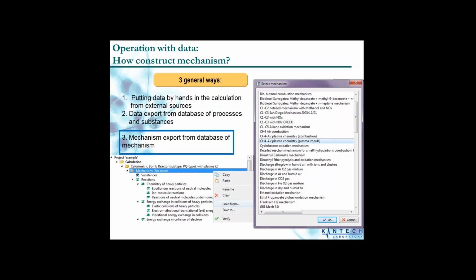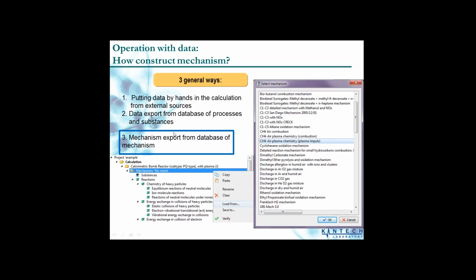But responsibility for how correctly this mechanism will describe the process will be completely on your side, because some processes are determined for some specific condition, for example, for low electron energy. Another reaction is determined for the high temperature region, but all reactions will be collected together. And it's the job of the user to understand and select the appropriate reactions.